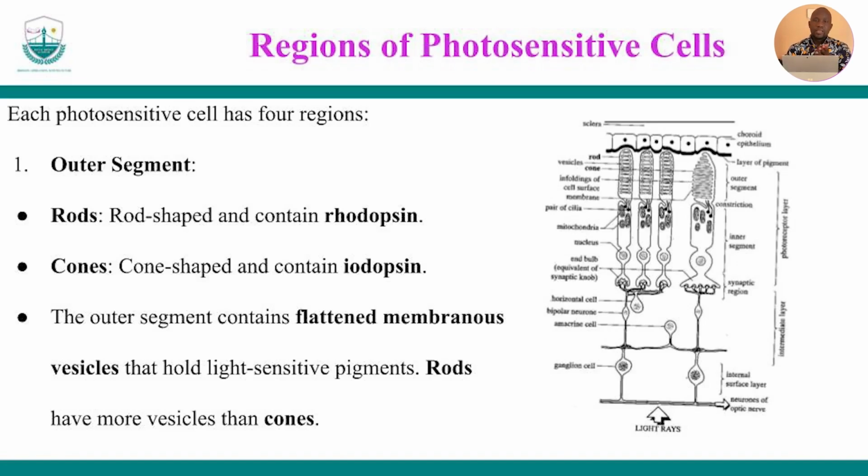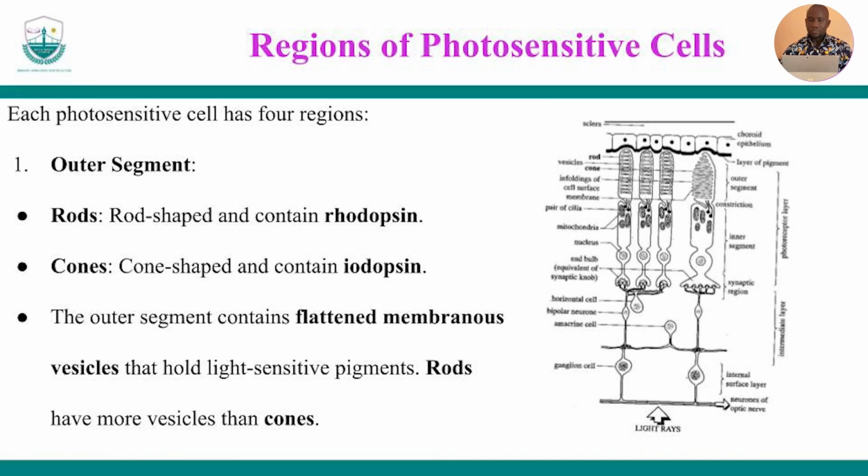So if we are to pick the photoreceptor cells or the photosensitive cells and look at them critically, we also say that they have regions. Remember, the layers that we have just looked at are for the whole retina. Now, if you pick out the photosensitive cells, what regions do they have? They have the outer region, which is the base here.